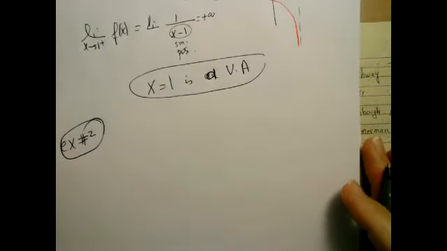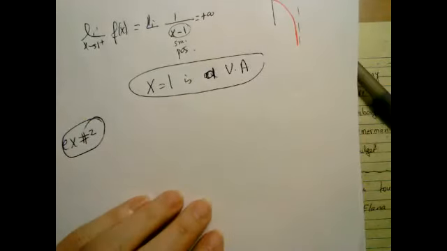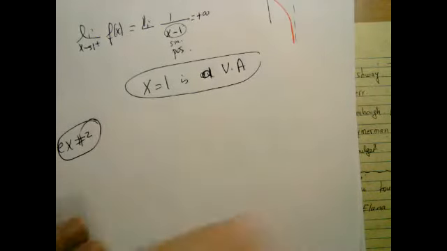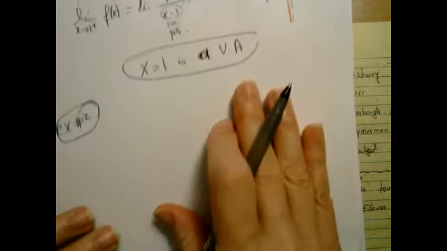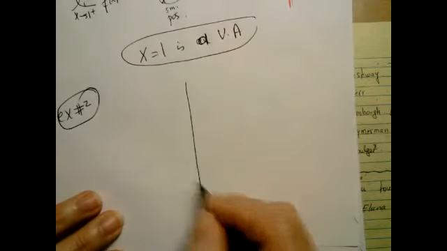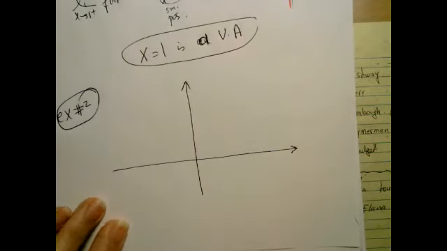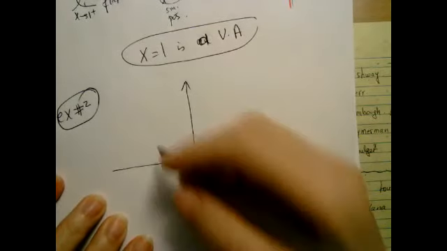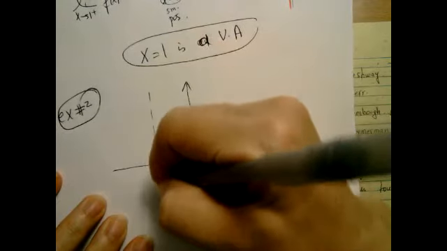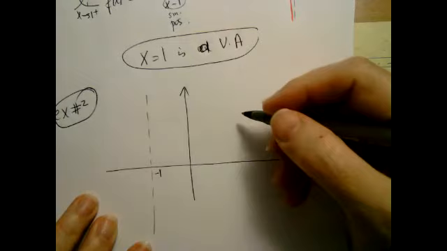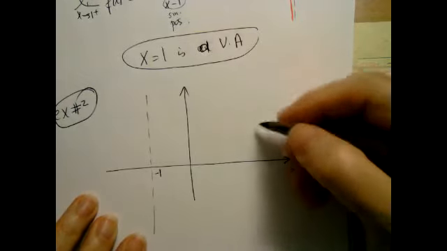Before I write the function, I would like to ask you a question, and then I write the problem with you. So don't write anything, just think a little bit. Suppose I want to create a function that has an asymptote here at minus 1, and I want to have an asymptote at 3.